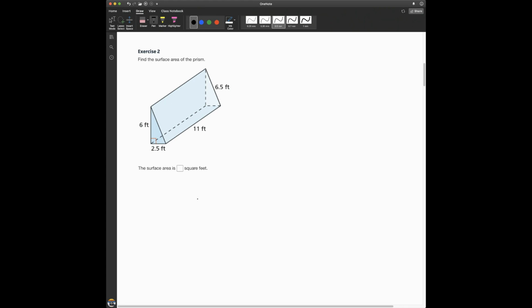Problem 2. Again, use the surface area formula for triangular prisms. And I need to figure out what the area of the bases are. It's a triangular prism, so the bases are triangles.